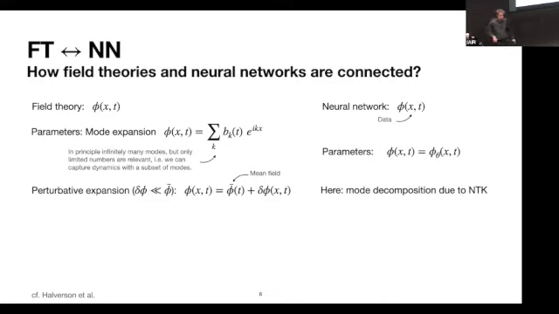So let's set the scene a little bit on how field theories and neural networks are connected. Basically, we could put it plainly: they are both functions effectively. They take some input, and they probably evolve in time because they're dynamical. We train them, but we can go more specific about these things.